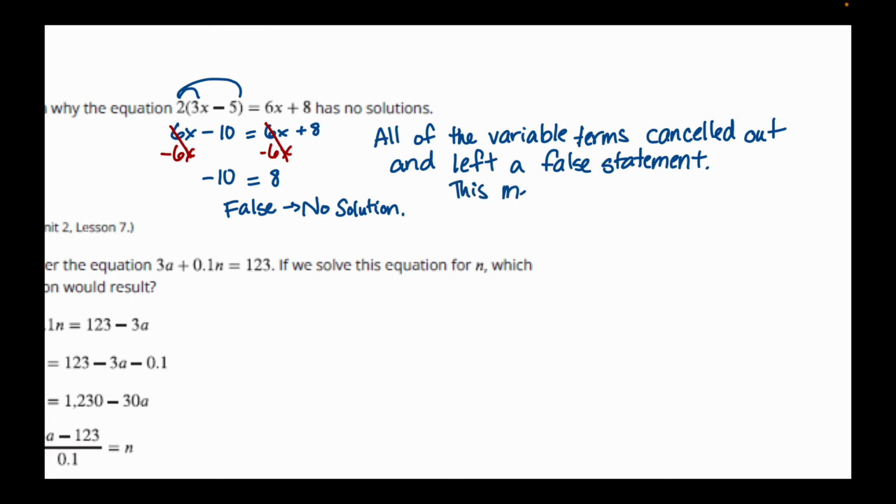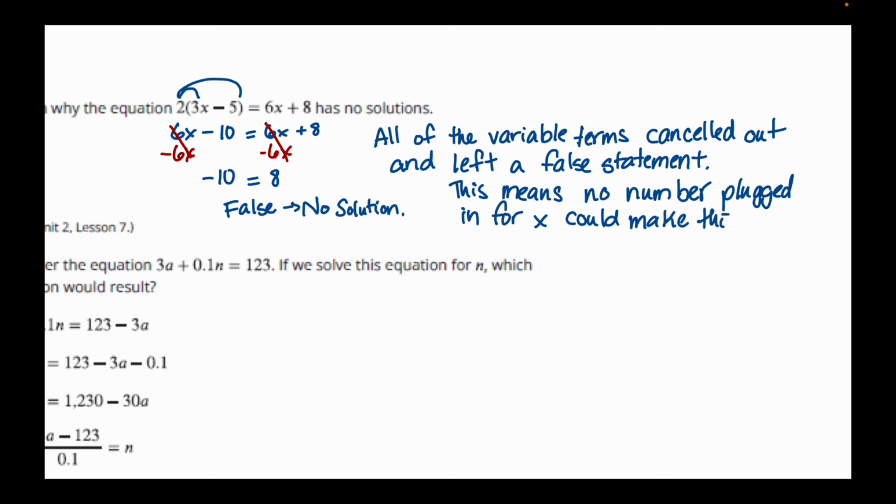This means no number plugged in for x could make this equation true.